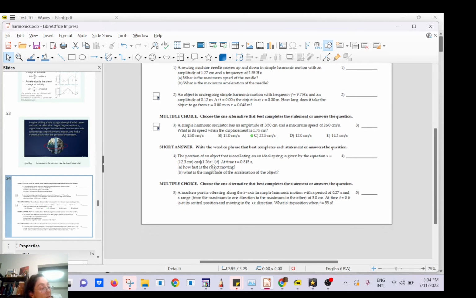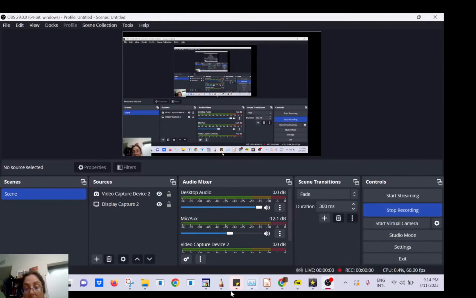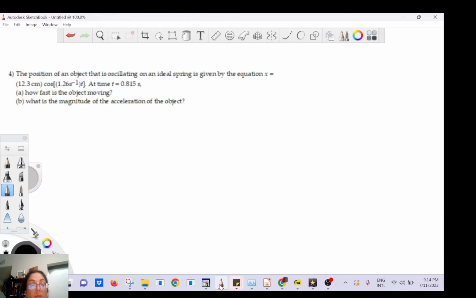So let's do number 4. So we stopped here. I think this one is easy. You are given the displacement, and you have 12.3 cosine 1.26 t.